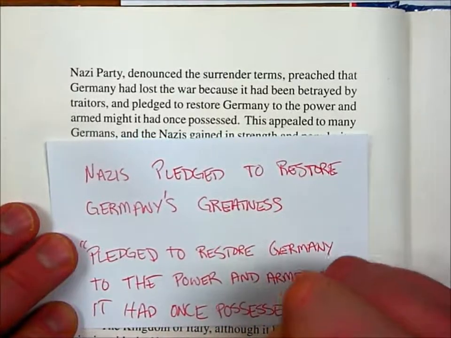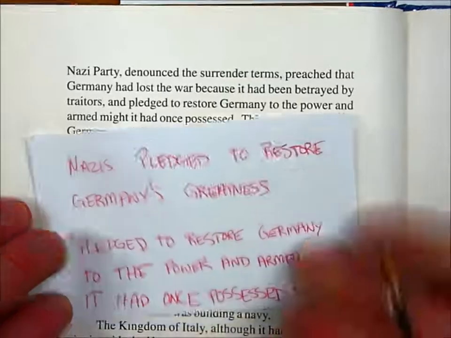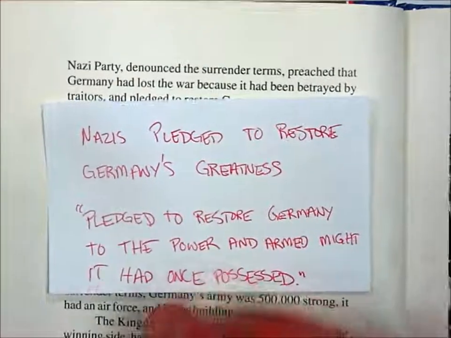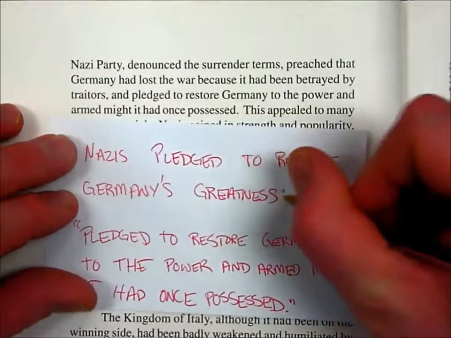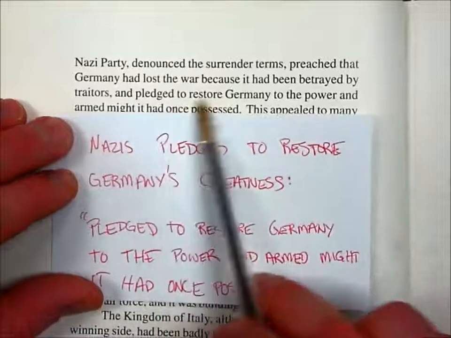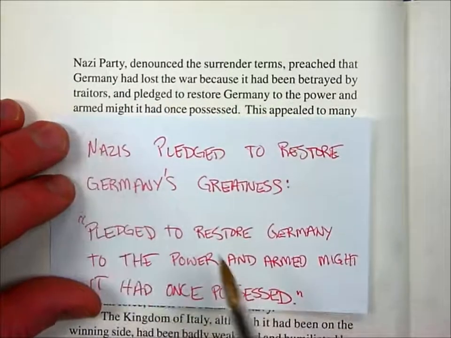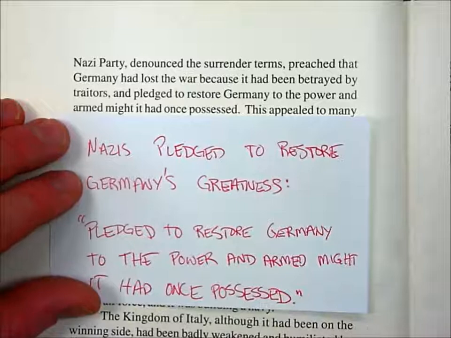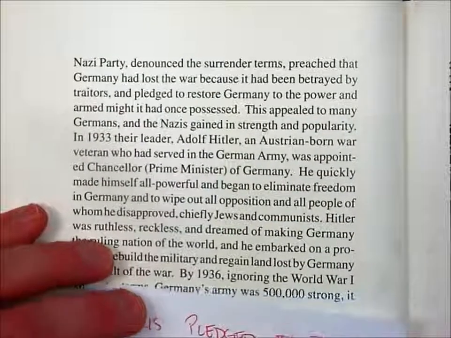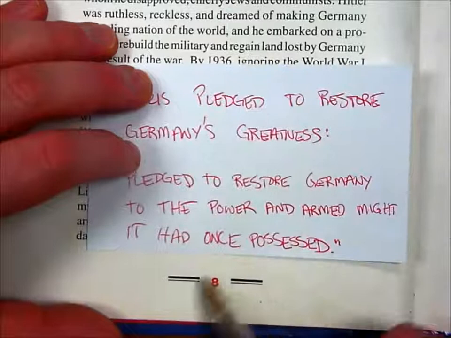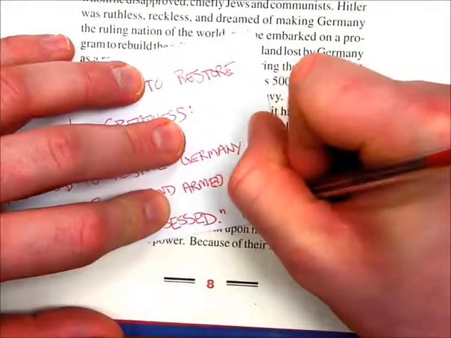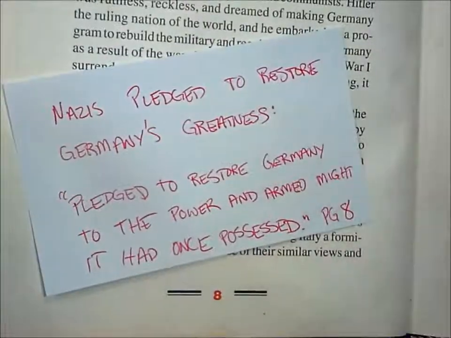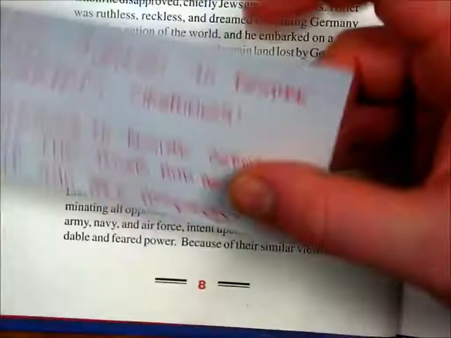Now, the important thing about a quote is that you use the exact words from the book. So notice right here, I've used all the exact words that come out of this book. Pledge to restore Germany to the power and might it once possessed. I'm also going to make a note of what page number this quote came from, because you're going to need to use the page number in the paper that we're going to write to properly cite your source.